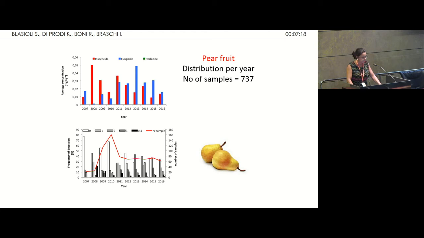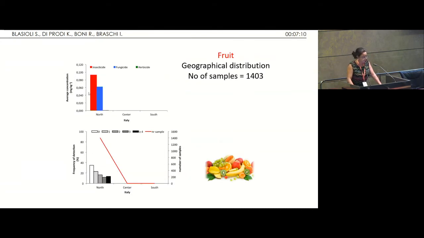We are observing an increase in the number of active ingredients in the last years. Pear comes from the north of Italy, and this is the frequency of detection of the number of active ingredients in this fruit sample.